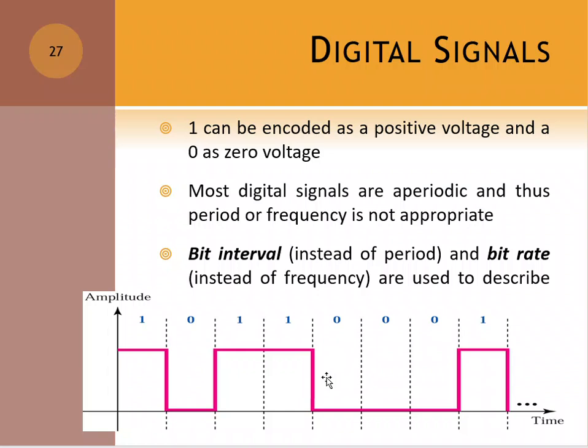Jadi pengiraan untuk period dan frekuensi is not applicable for digital signal. Period and frequency hanyalah untuk analog signal. Okay, so for digital signals, we have to consider another two terms which are bit interval, sebagai ganti kepada period, and bit rate instead of frequency, to describe digital signals.